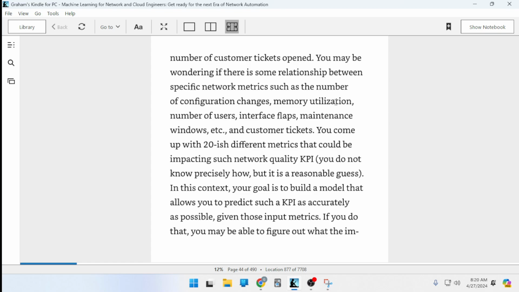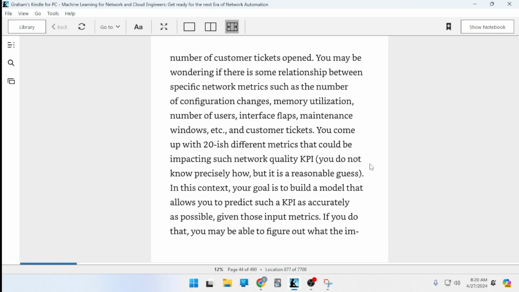You come up with 20-ish different metrics that could be impacting such a network quality KPI, that you do not know precisely how, but it is a reasonable guess.